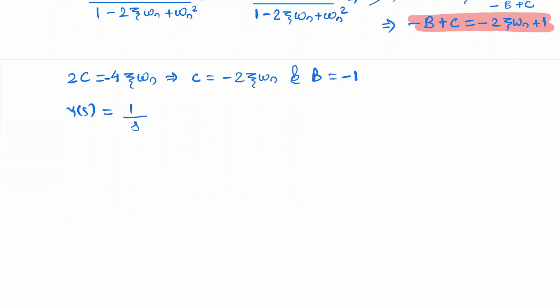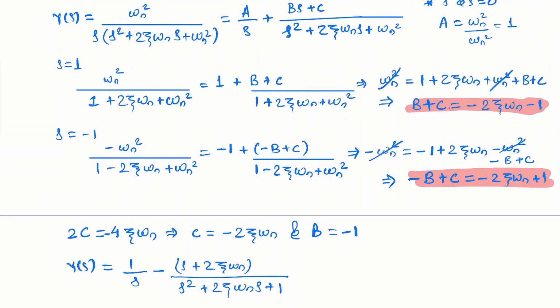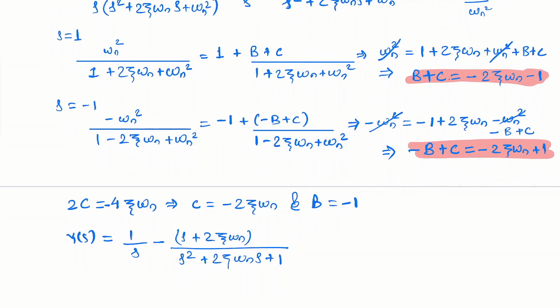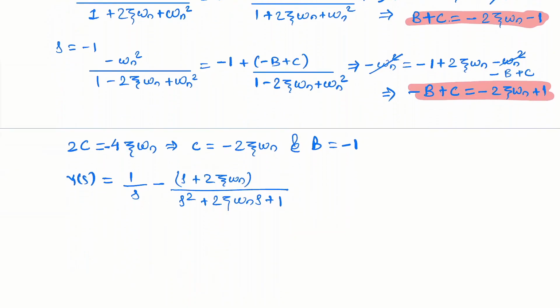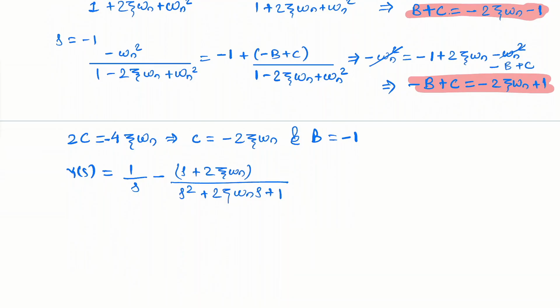So now coming back to the unit step response, it's 1 over s minus s plus 2 zeta omega n plus omega n square.